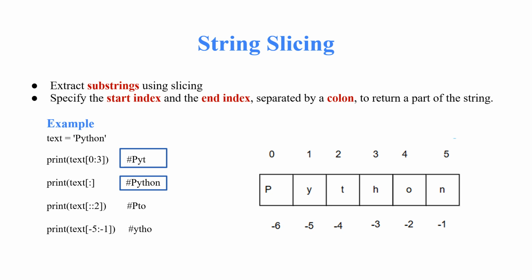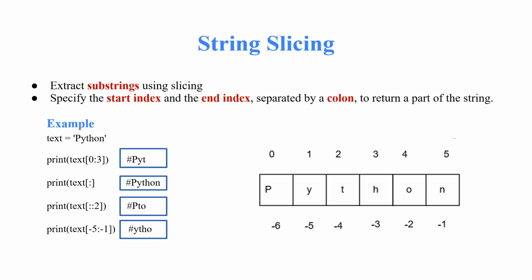So it will start from P, then skip count by 2 and print T, then skip count by 2 and print O. My output will be PTO. Next, we can see the example of -5 to -1. It will start with Y and move on till the end, but one less than the end index, so it will print till -2. My output will be Y, T, H and O.